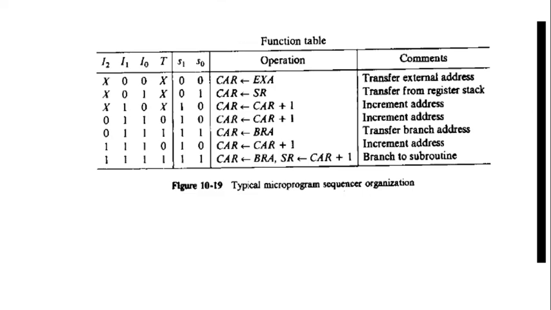So consider this function table with all the input and selection values: I2, I1, I0, T, S1 and S0. With I2 here represented as a don't care condition, that means whatever the value of I2 and T, this is the case for the selection values S1 equal to 0 and S0 equal to 0, with I1 equal to 0 and I0 equal to 0.